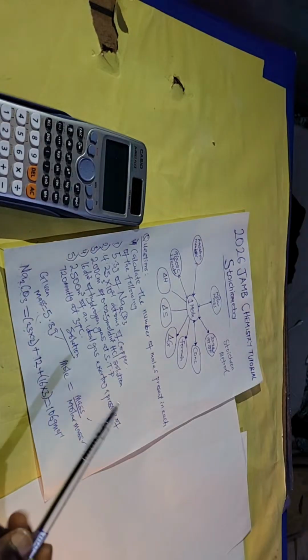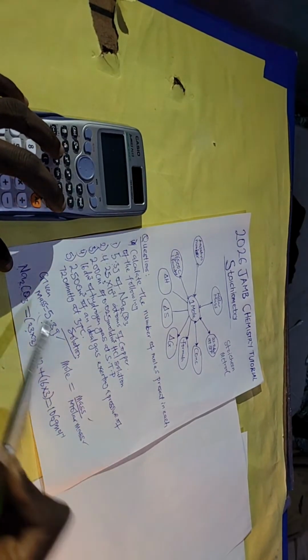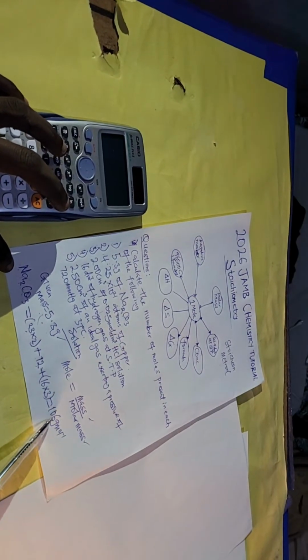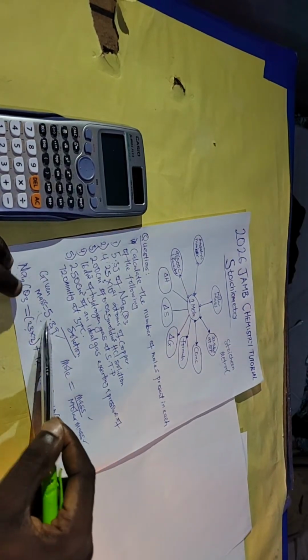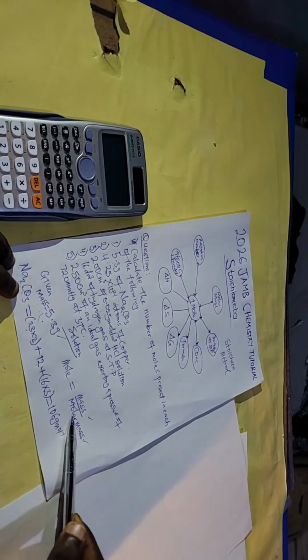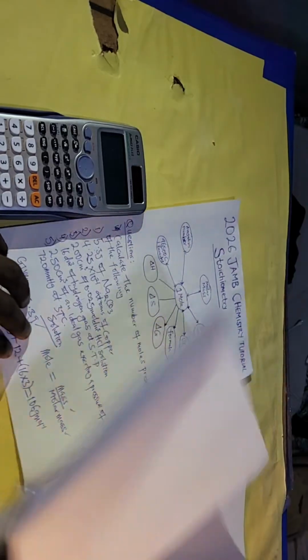Now, what you need here is that you have already been given the mass in the question, and you have calculated the molar mass to be this. So what you only need is to substitute your parameters into the formula and get the mole. Okay, so let's do that here.